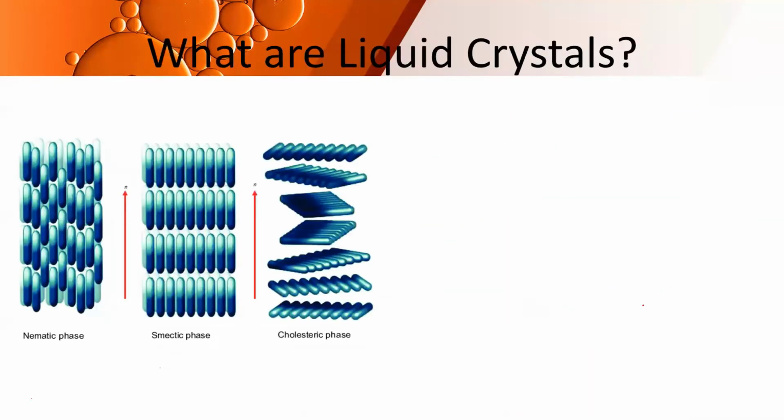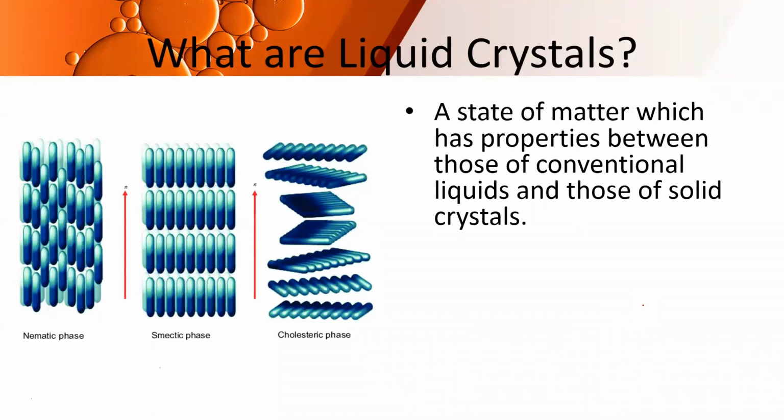What are liquid crystals? You can see over here, liquid crystal is a state of matter between solids and liquids. They are substances which have properties of both solids and liquids. So they can represent conventional solids also, conventional liquids also. How? We know that in solids, molecules are closely packed.